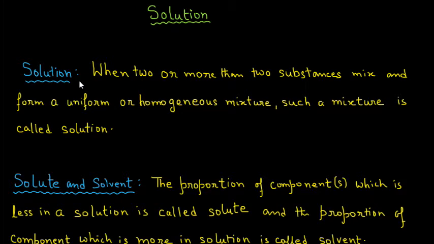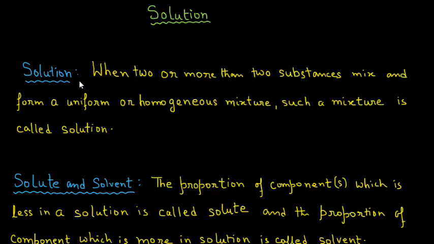So the first thing which comes to our mind is, what is a solution? To explain solution, first let us take an example. Take a glass of water and put some salt into it. Stir the water. After some time, you can see there is no salt remaining which is visible.